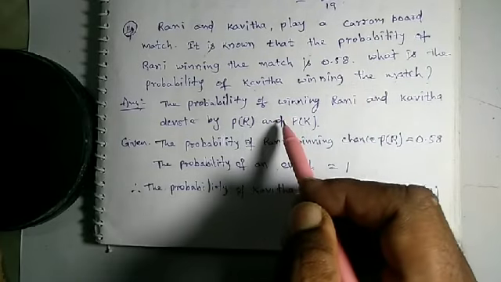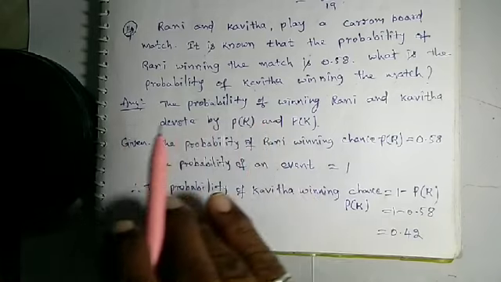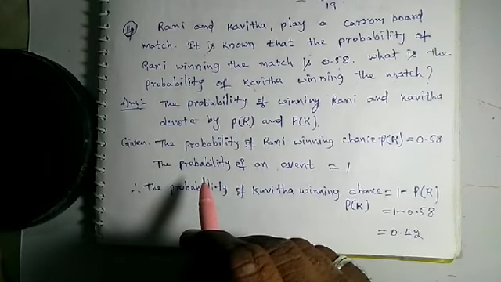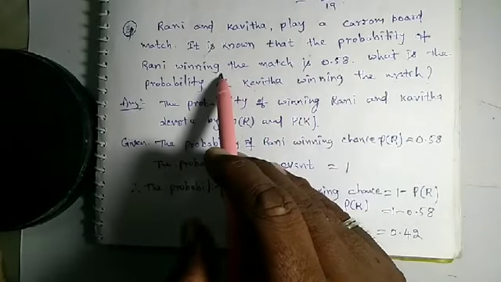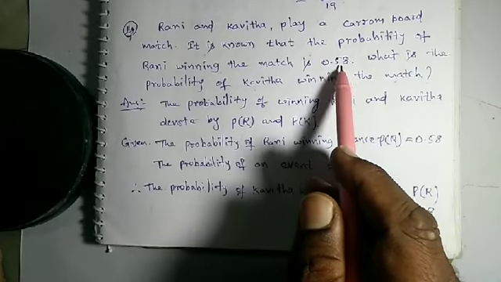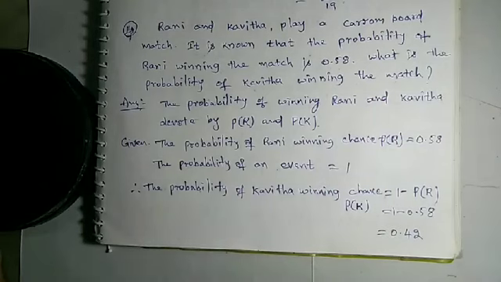Always remember that the sum of all possible probability becomes 1. So here also Rani winning match probability is given 0.58. Rest of the probability is owned by Kavita.